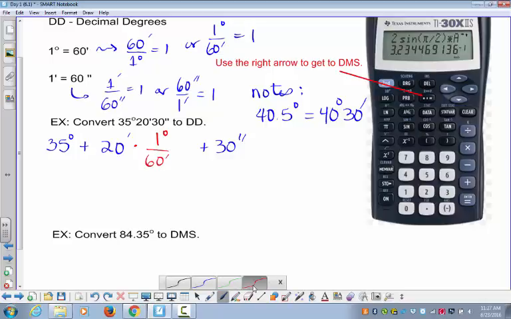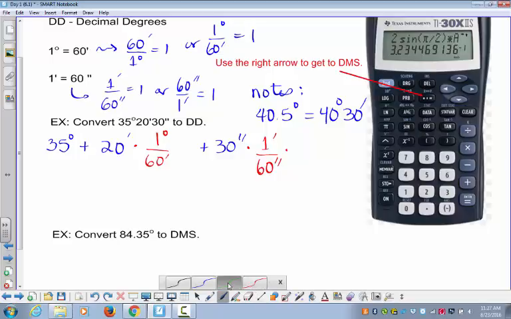We have minutes in the numerator on the 20 and minutes in the denominator on the 60, so those units of minutes cancel, and we're left with units of degrees. For 30 seconds, we want the seconds to go away, so we use this first factor, and we'll be left with minutes. So we multiply by 1 minute equals 60 seconds.